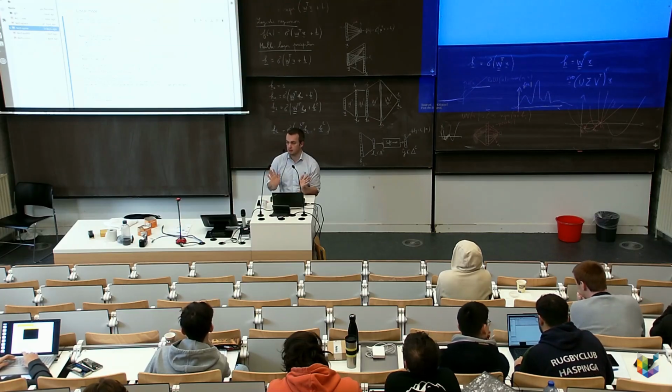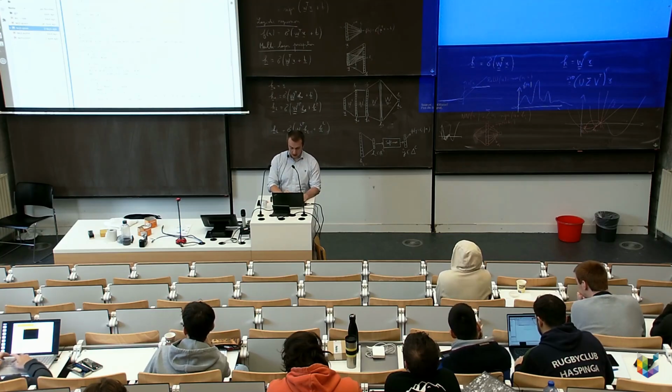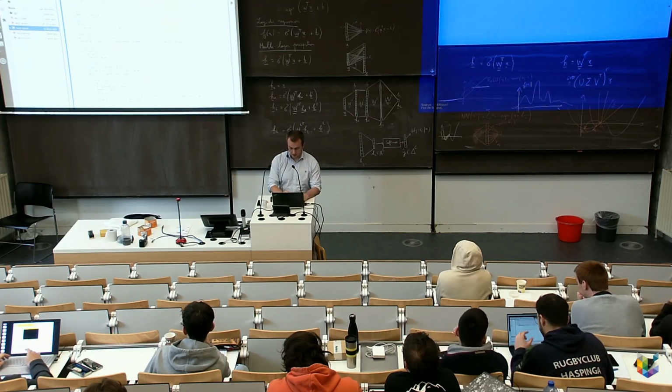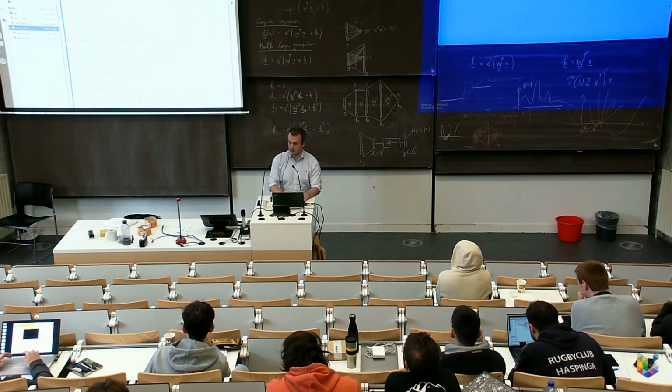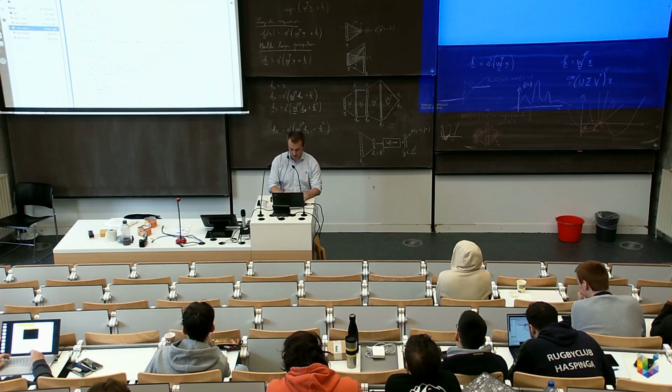Okay, that's it. Then I will use the cross-entropy loss. I will use a numerical optimizer, which is called Adam. Basically, it's just a variation of stochastic gradient descent, but we'll study that next week.